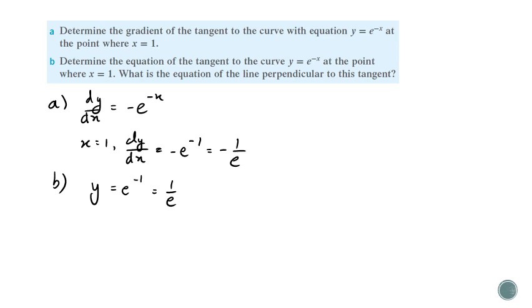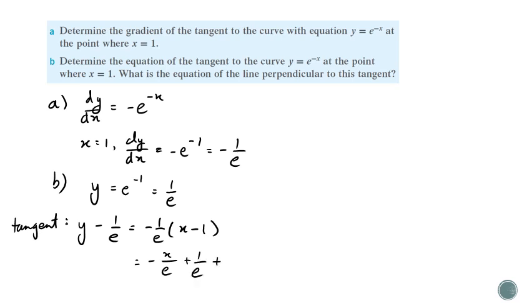Then for the tangent, we have y minus 1 over e equals negative 1 over e times x minus 1. So then you have negative x over e plus 1 over e plus 1 over e. So then y is equal to negative x over e plus 2 over e.